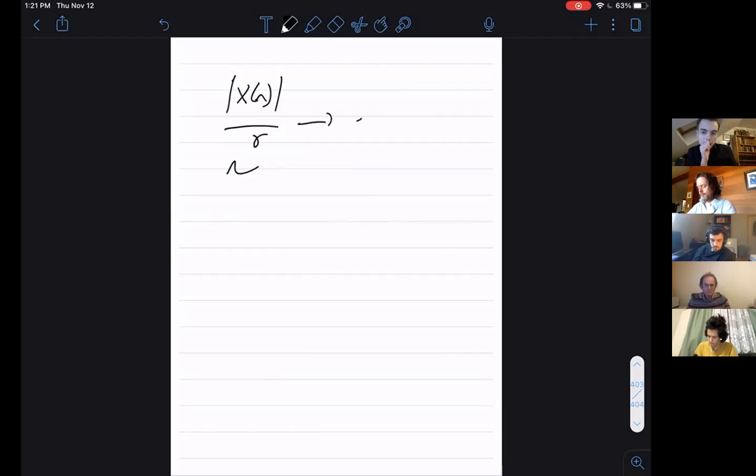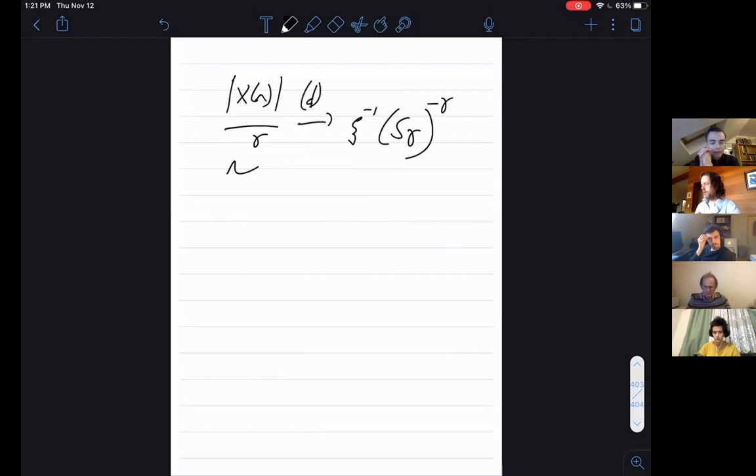Here we have just a variation of this type of expression. So with the same random variable, which has the stable law of index gamma, playing the role of S gamma, we have this expression. This again is convergence in distribution as n tends to infinity. And you can see the role of the constant psi is perhaps slightly clearer here.